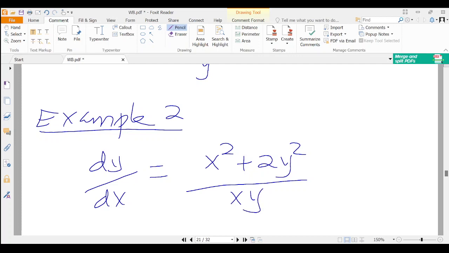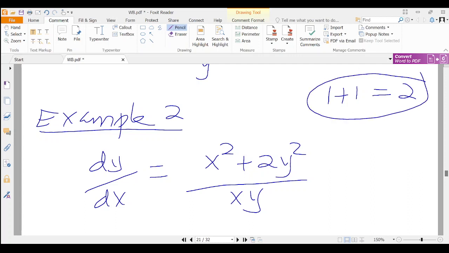So we note here again, the numerator here, we have x power 2, so the degree of this term is 2. Here we have y raised to power 2, the degree is again 2. The denominator we have x power 1, y raised to power 1. So the degree will be the sum of the powers of x and y. x is raised to power 1, y raised to power 1. So when we write 1 plus 1, we get 2. So the degree of the denominator is also 2.